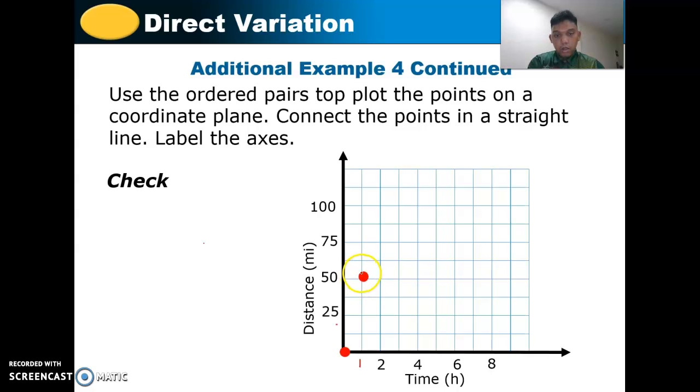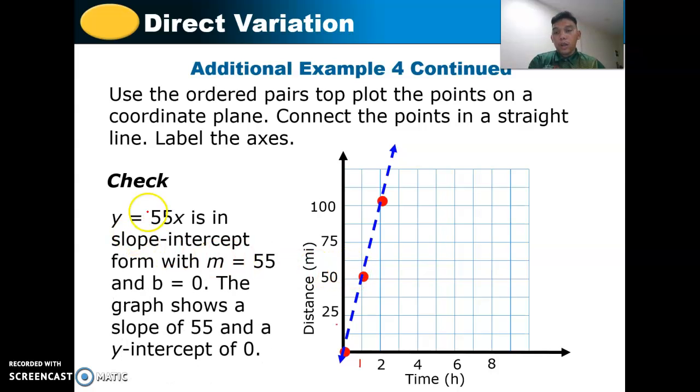And 2, which is 110, is somewhere here. It's not actually aligned with 110, but perhaps it's somewhere here. If you connect that, there's your graph of the problem. You connect the dots and label the axes. That's a graph already.